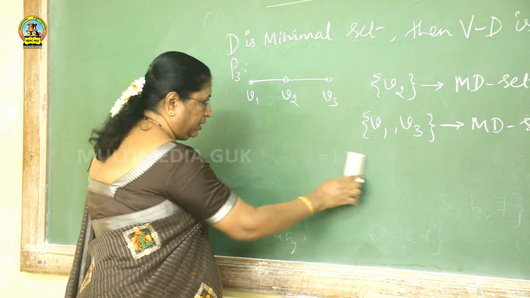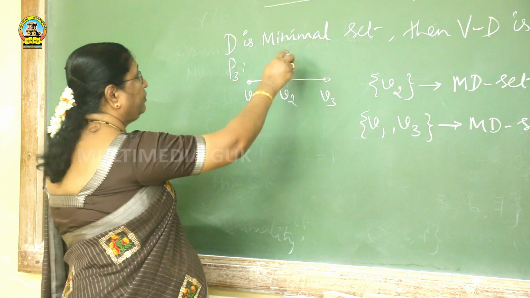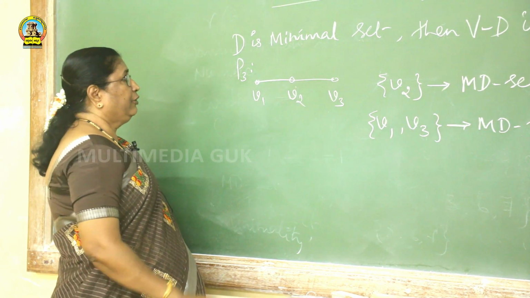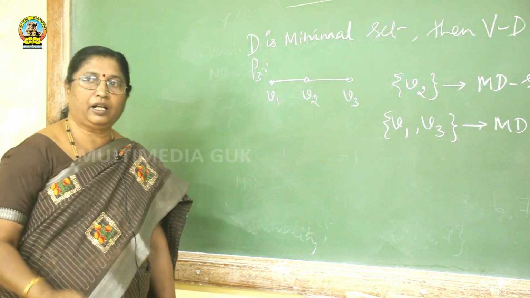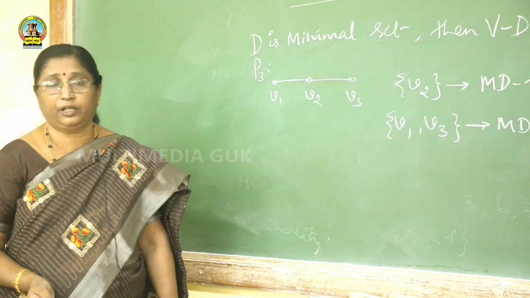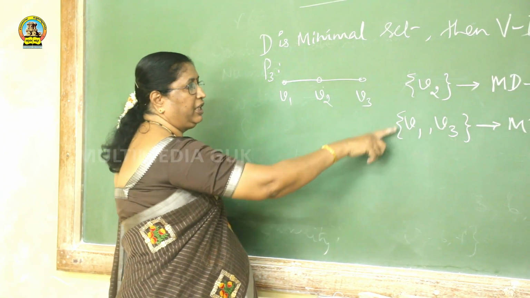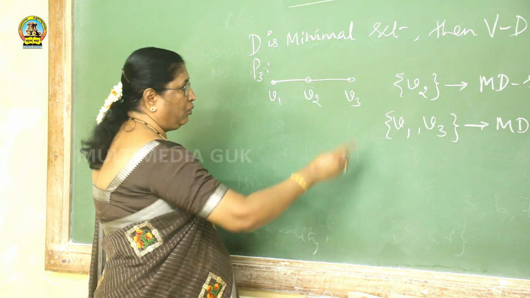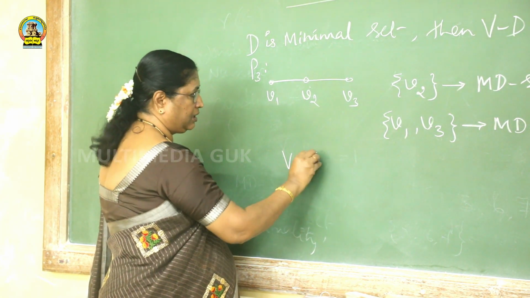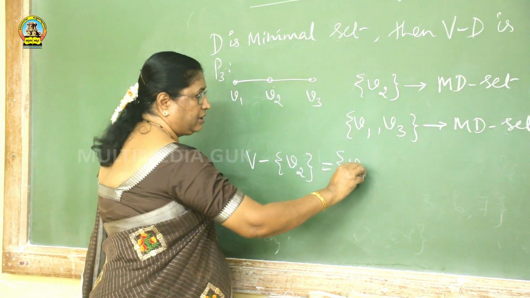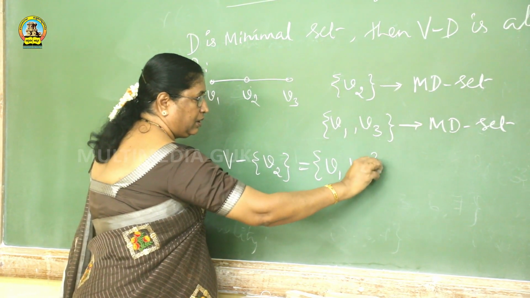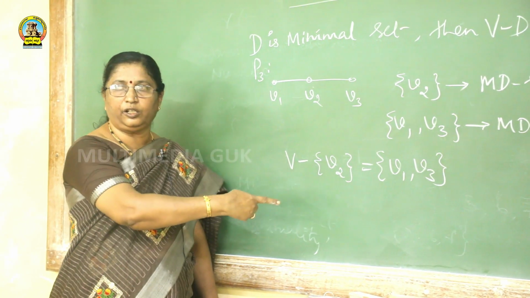But in this statement we have to prove that if D is a minimal dominating set, its complement set is also a dominating set. That is what you are observing here, isn't it? What is V minus the set containing V2? This is what we are writing as the other two sets, is also a dominating set.